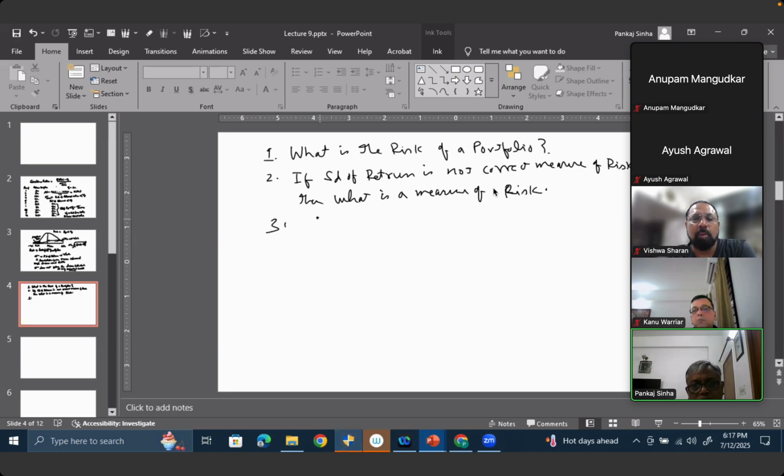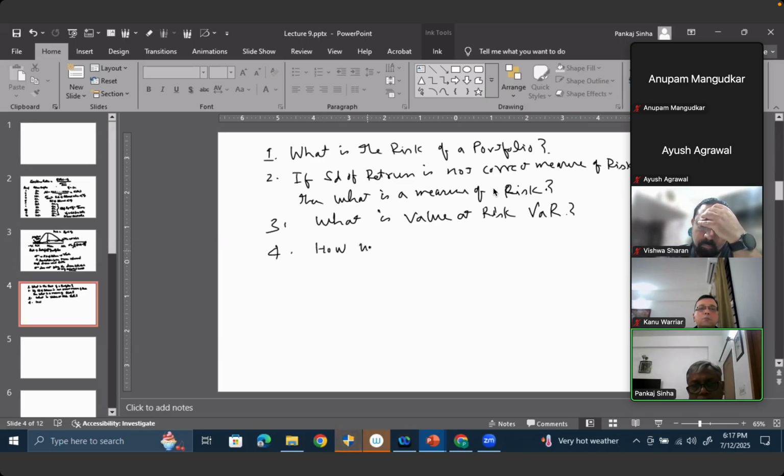Third question: what is value at risk? We say VAR. Then fourth question, these are all questions: how do we calculate value at risk of an asset and of a portfolio?